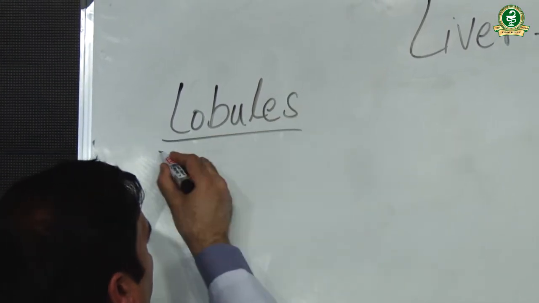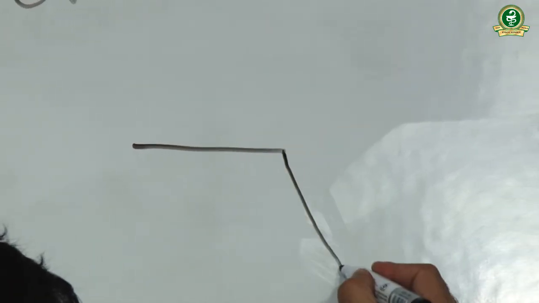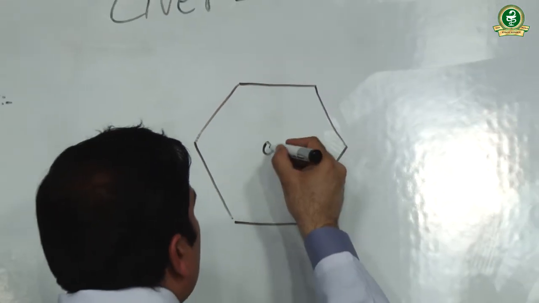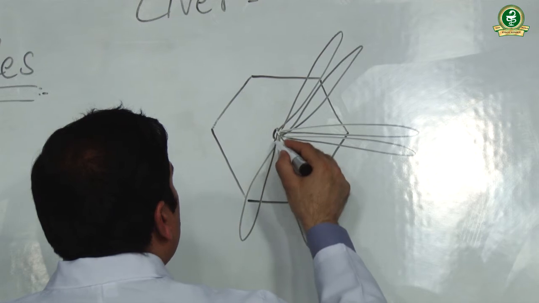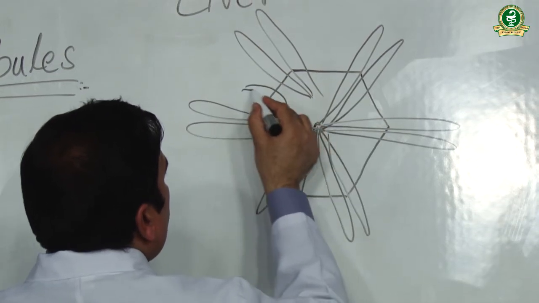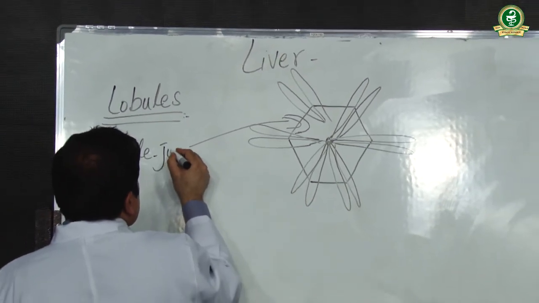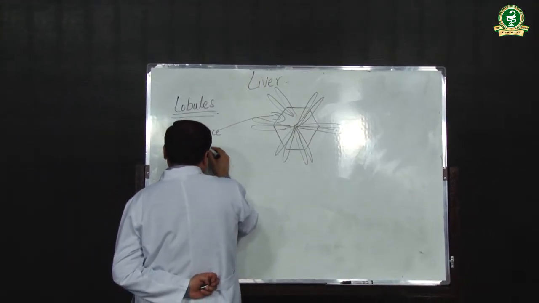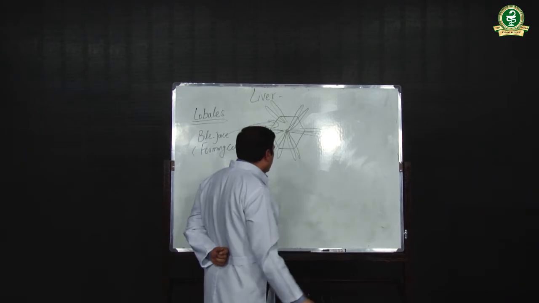Lobules, how is their histological structure? Known as bile juice forming cells.